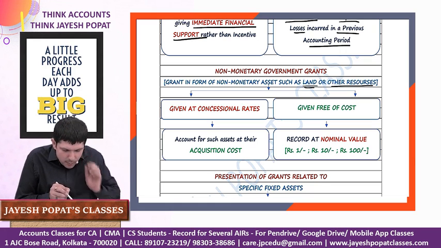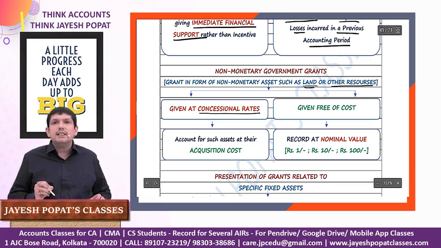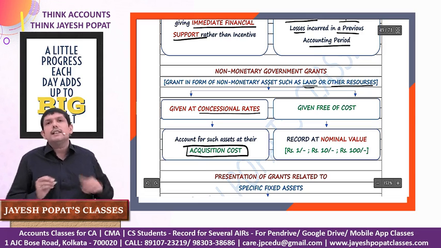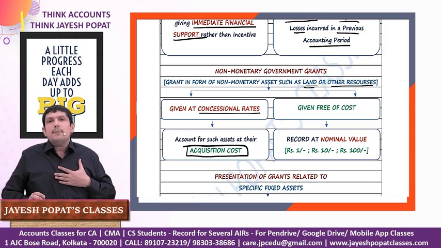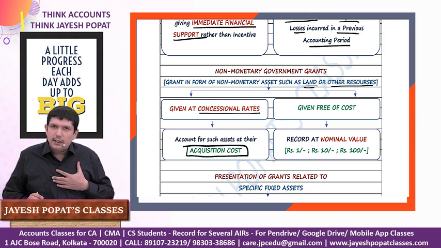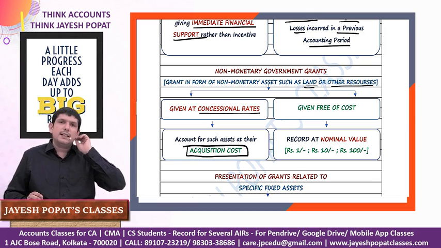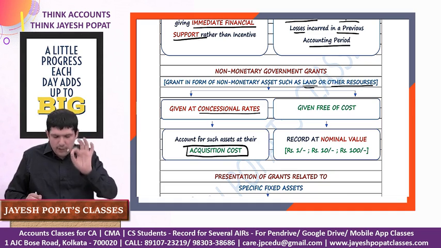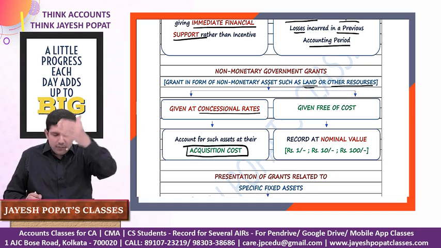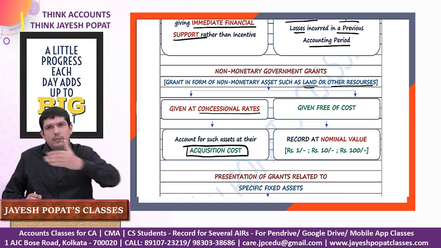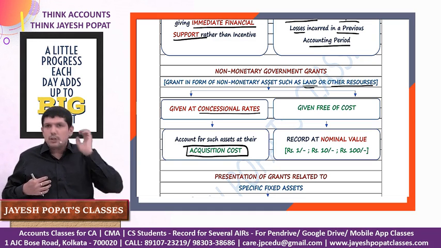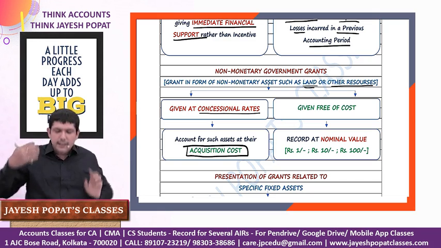So if the non-monetary asset is given at a concessional rate, the rate at which you have received it should be accounted as the cost of the asset. So if I buy it from the market, I would get it for 10 crore, but the government is giving it to me at a concessional rate of 5 crore. So I should pass an entry: land account debit 5 crore, to cash or bank account 5 crore, because 5 crore was the actual cost which I had incurred in acquiring that land.